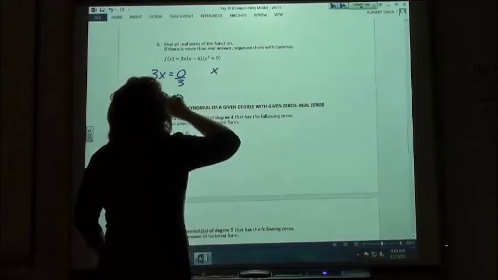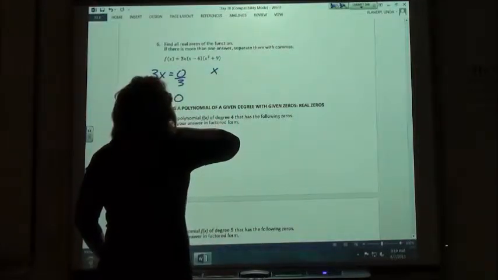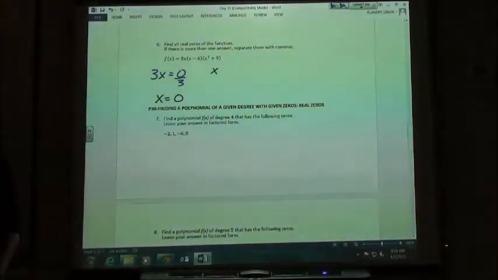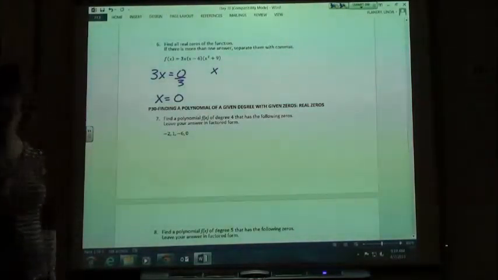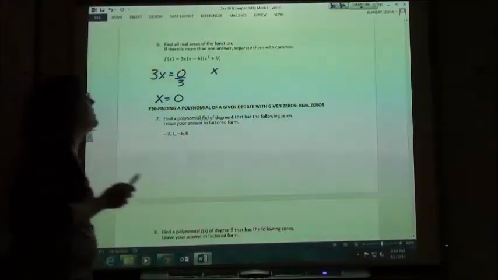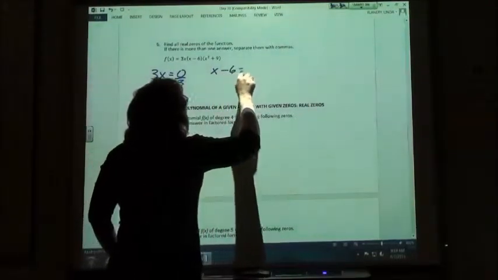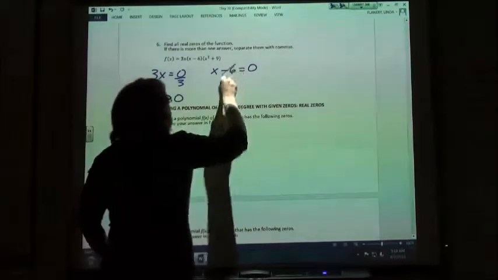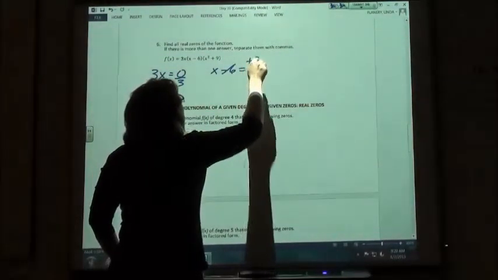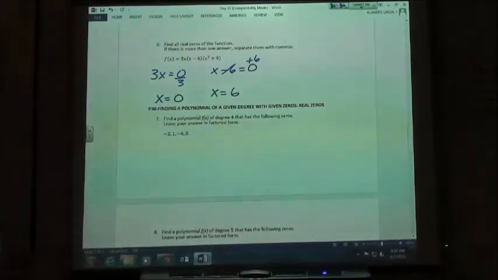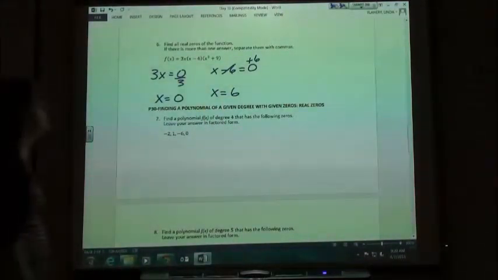I got to set it equal to 0 first, right? So x minus 6 x equals 0. And then when I solve it, I'm going to move my 6, make it a positive 6. So x equals 6, right? x equals 6.